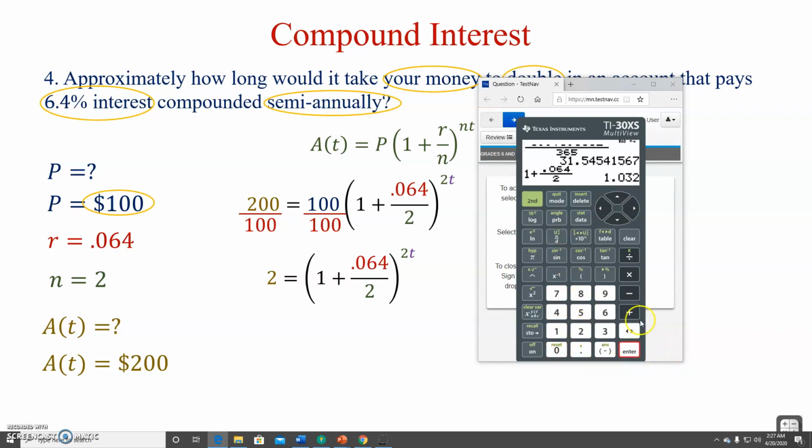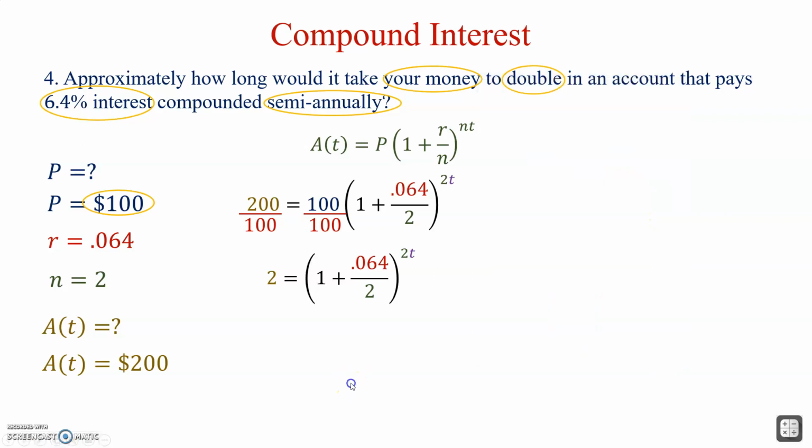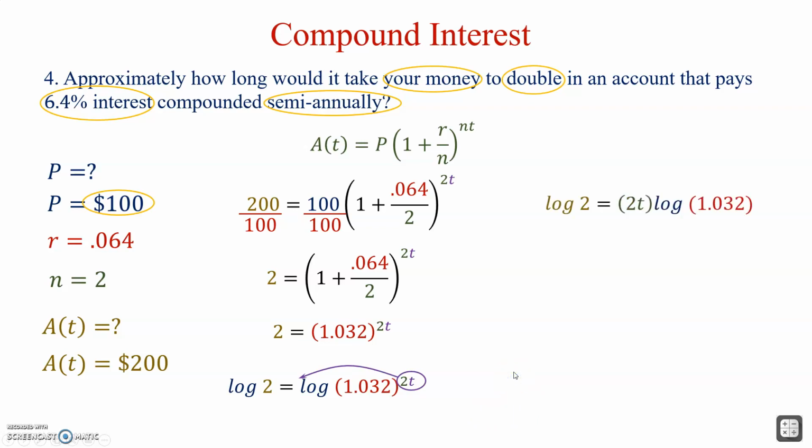Well, that's not too bad. 1.032. Time to get the base from the right side, which means we'll take the log on both sides and apply the power property. So we're left with log 2.